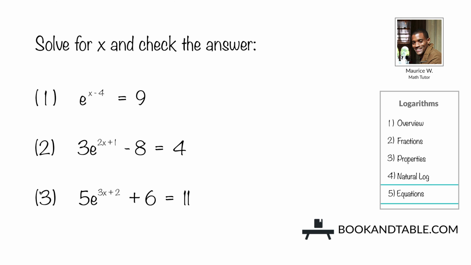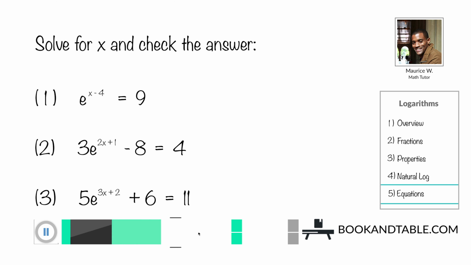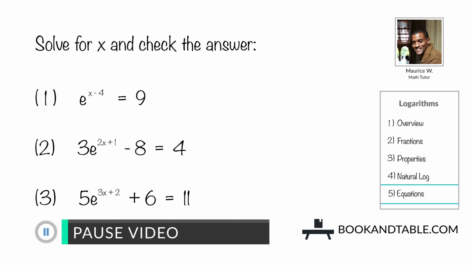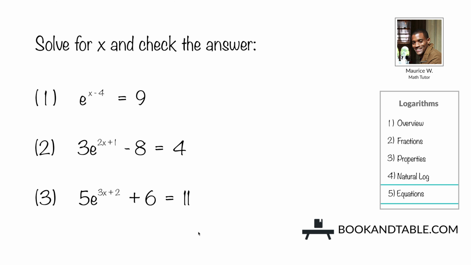And question number 3. 5 times e to a power of 3x plus 2 plus 6 is equal to 11. Pause the video, answer these questions, and then press play when you are ready to begin.